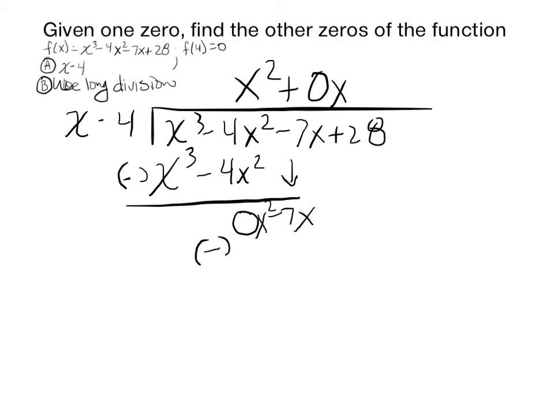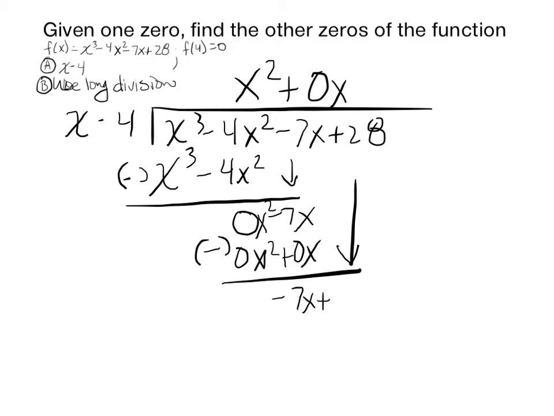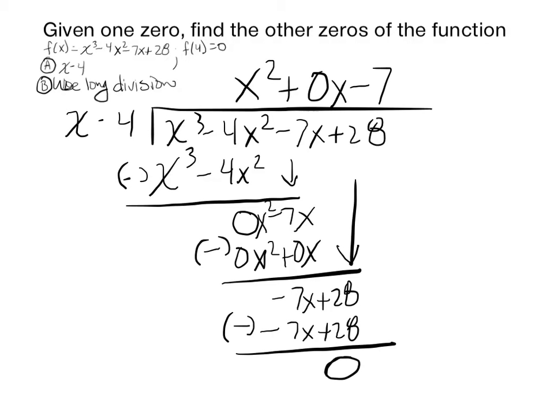And keep repeating until you get to the end. You should get a remainder of 0. That's how you know that the factors are there.